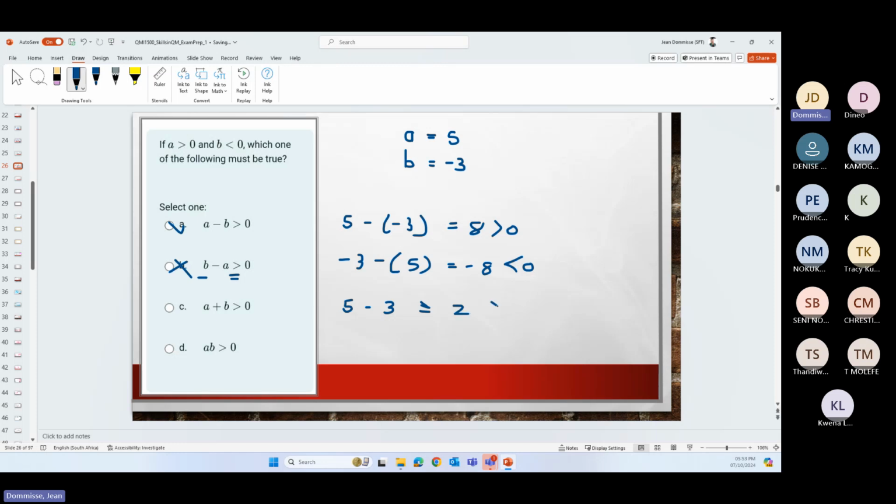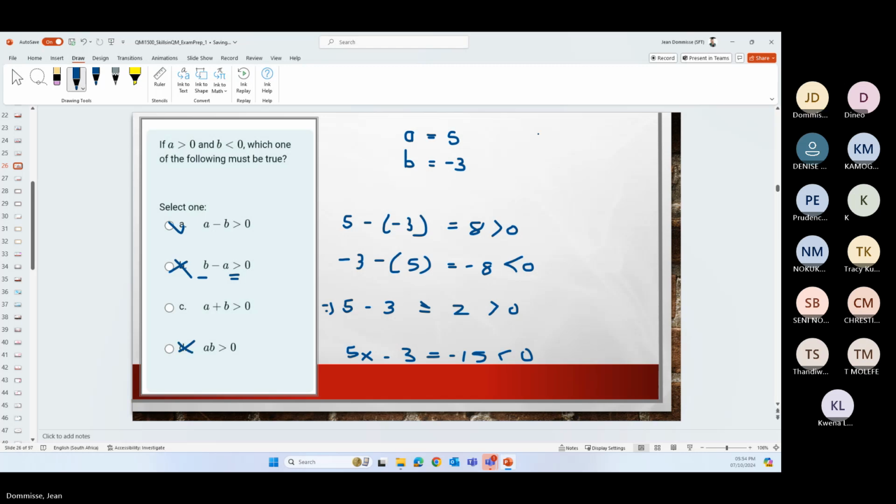So that for these two numbers, that will be bigger than 0. So let's just come back to that one. And then A times B, 5 times -3 will be equal to -15, which is smaller than 0. So that is also wrong.